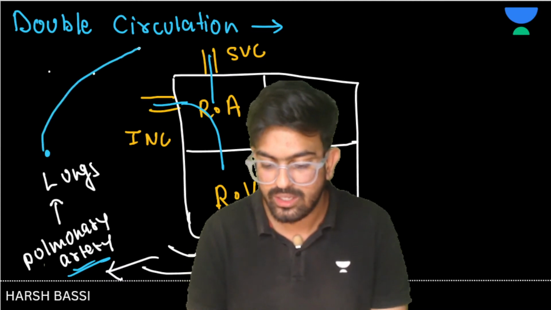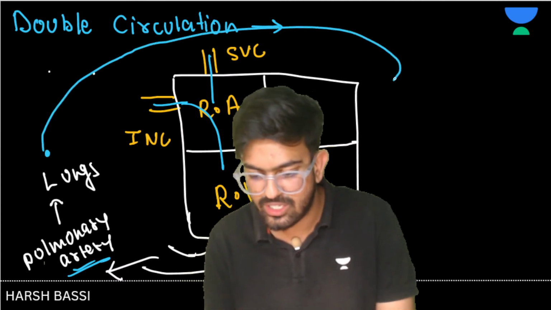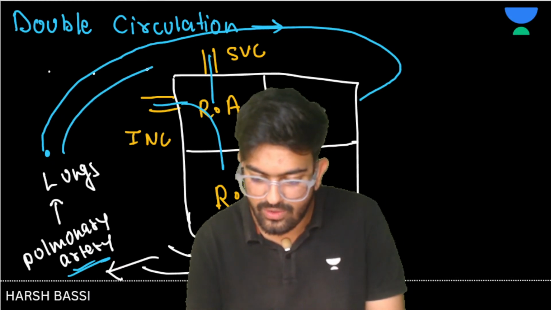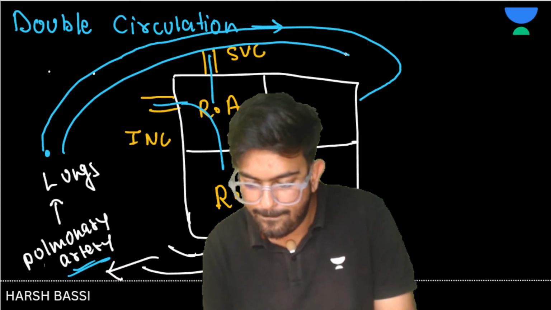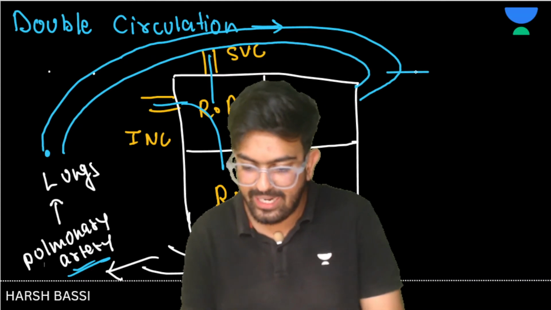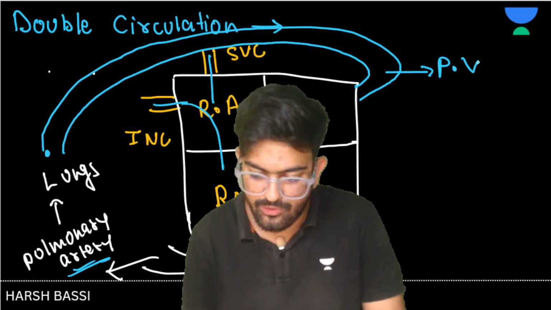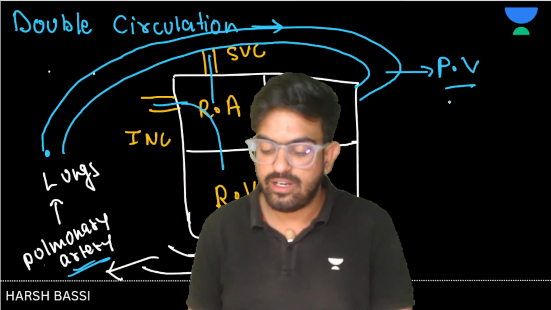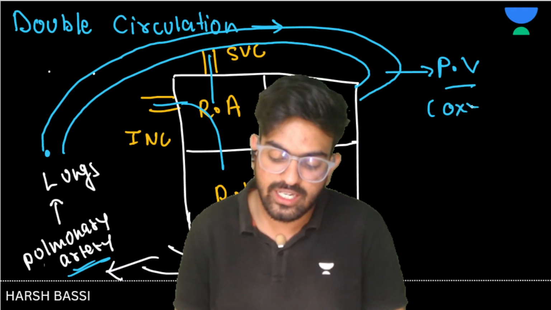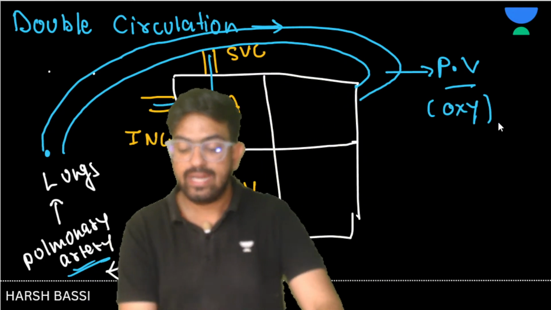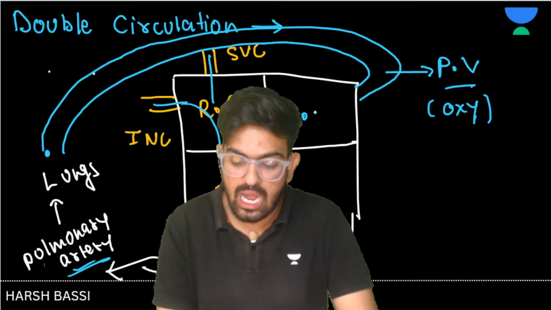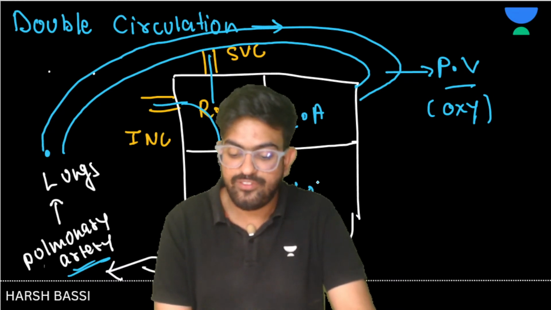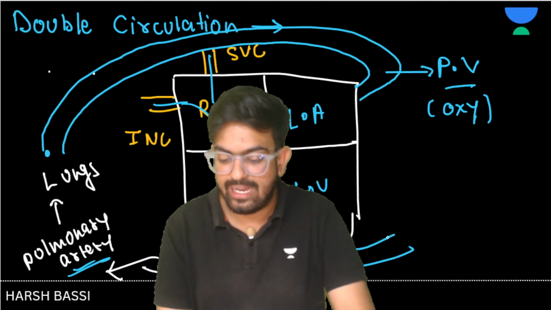This pulmonary vein contains oxygenated blood, and then it goes to the left atrium. From the left atrium, it goes to the left ventricle, and then through the aorta.